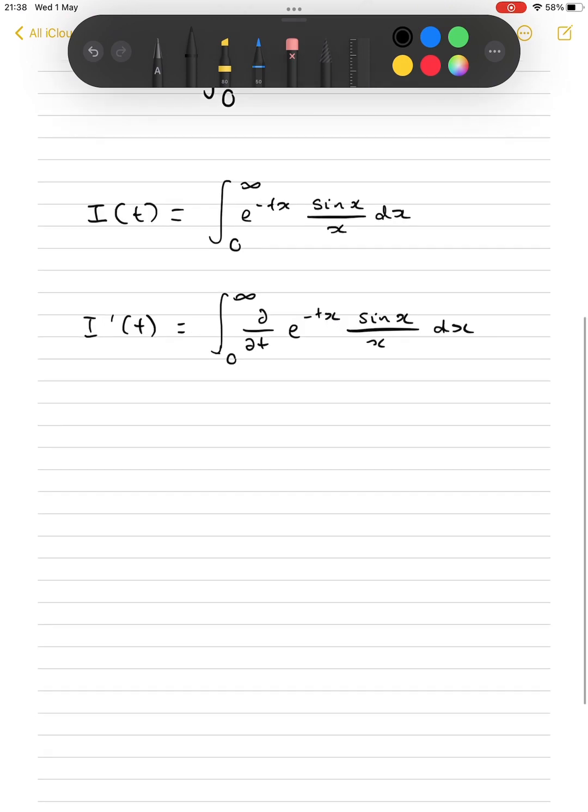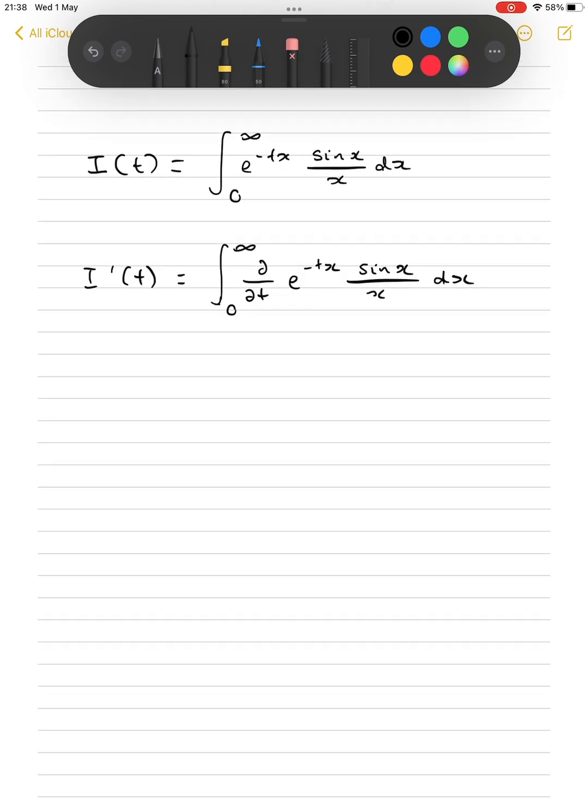Now, taking the partial derivative of this is simple: it is just the improper integral of negative x e to the negative tx, since it's with respect to t, x is a constant here, times sine x over x dx. Woohoo, we get rid of that x that was bugging us at the beginning.